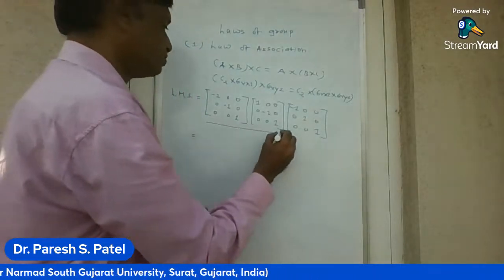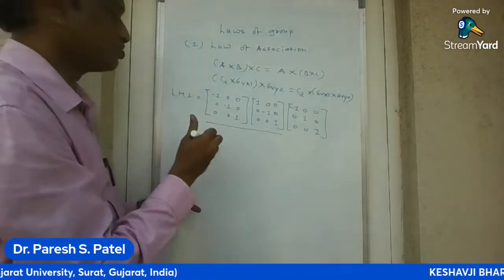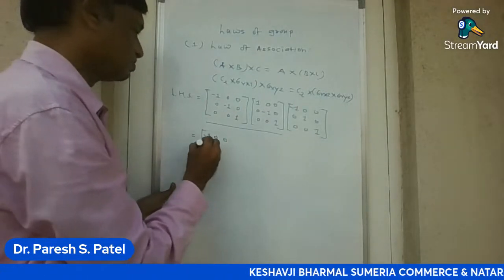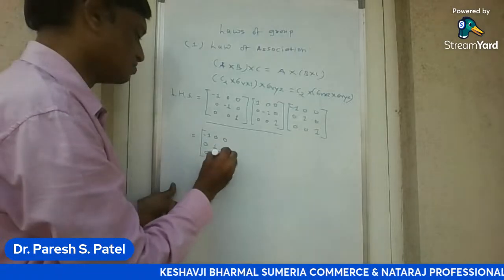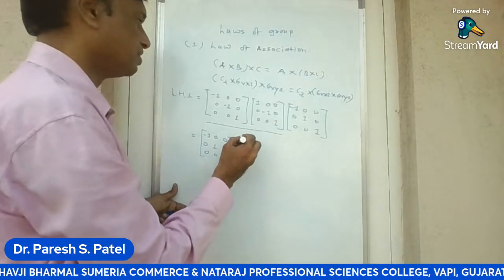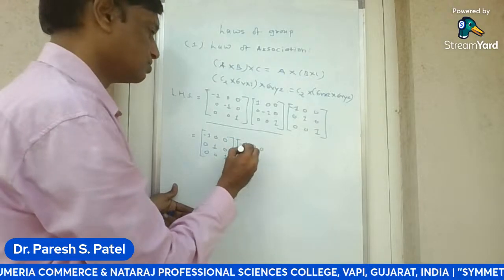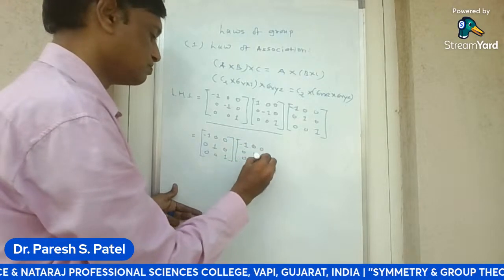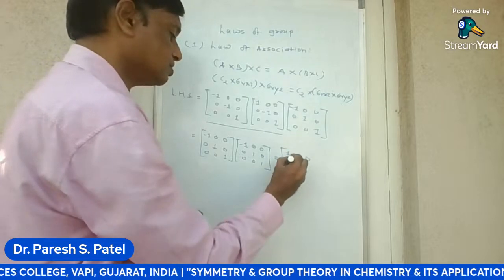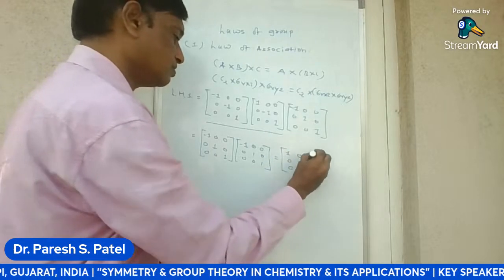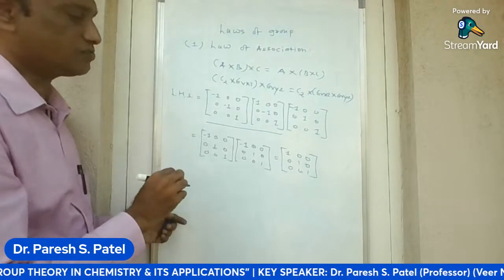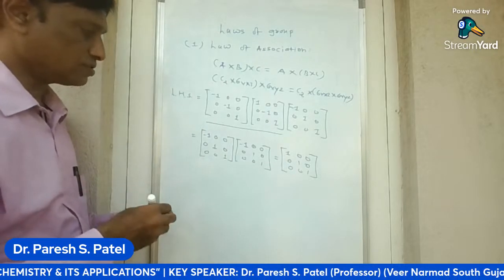So first of all, we have to go for the combination of these two matrices to give minus 1 0 0, 0 1 0, 0 0 1, and then the combination with minus 1 0 0, 0 1 0, 0 0 1 is equal to 1 0 0, 0 1 0, 0 0 1. So the left hand side is equal to 1 0 0, 0 1 0, 0 0 1.